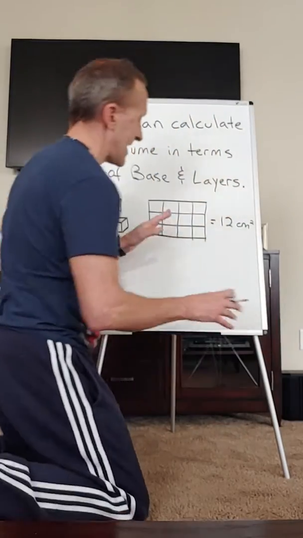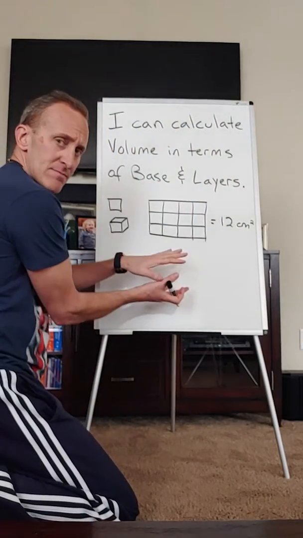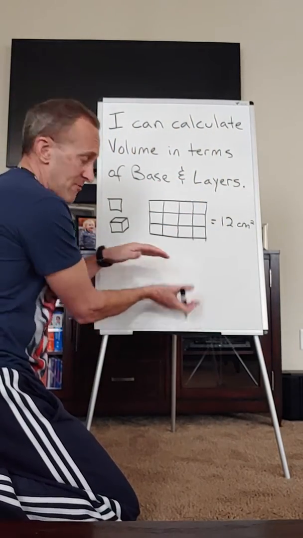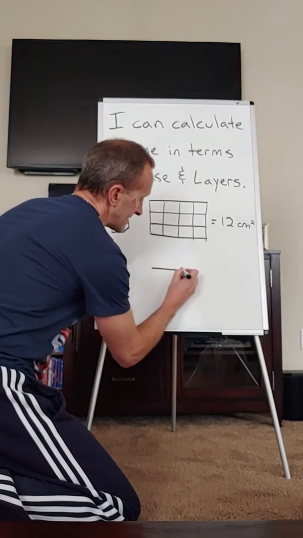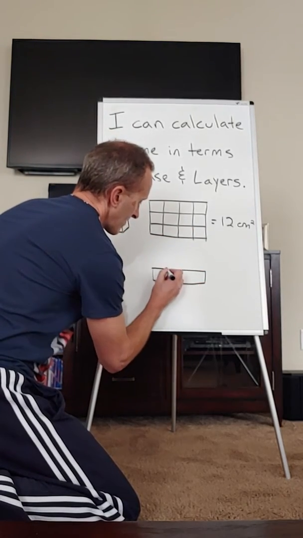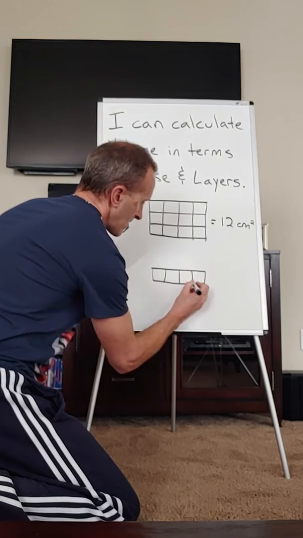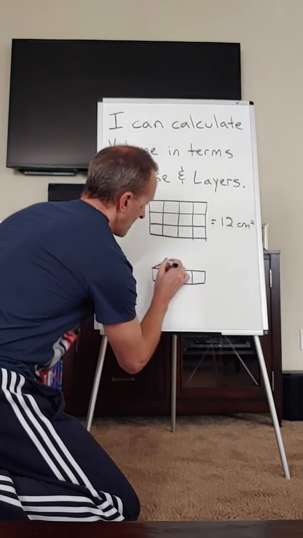All right, let's take this base and let's flip it and use it as the bottom of a rectangular prism. So it would look like this. There's the 4.